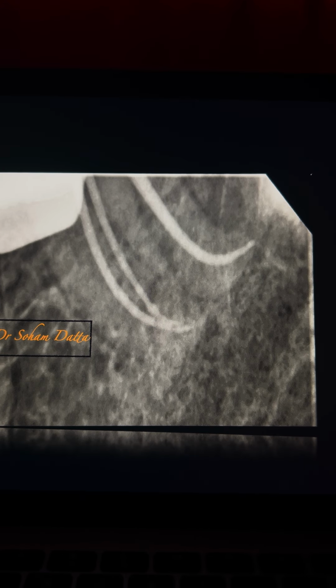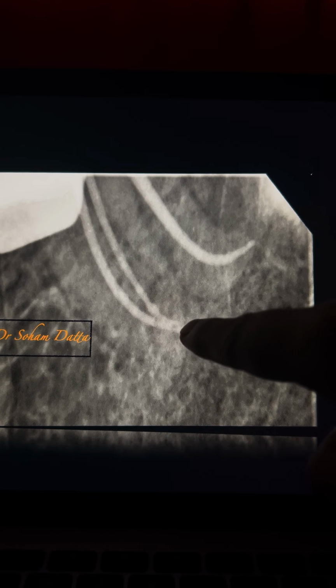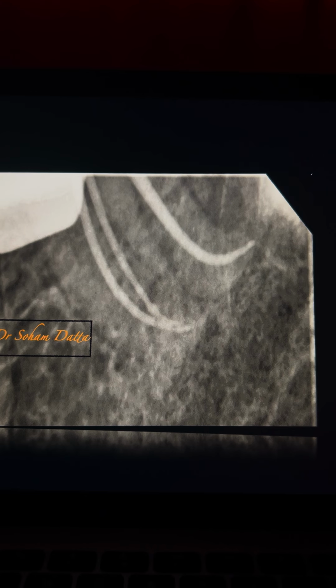So after your biomechanical preparation, remember one thing, some amount of canal straightening will be there. So obviously take a working length after your biomechanical preparation and adjust your master cone selection according to your latest working length, that is after the biomechanical preparation.